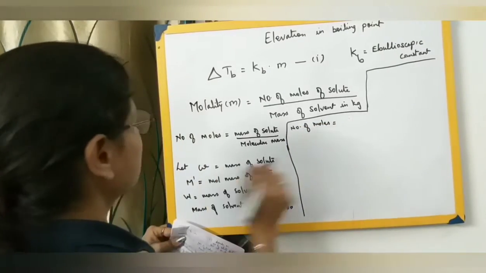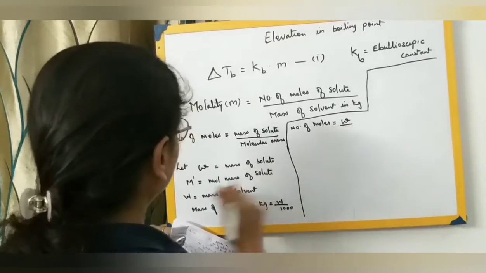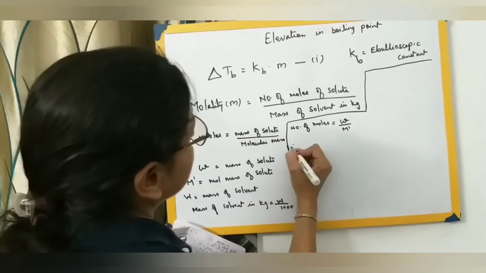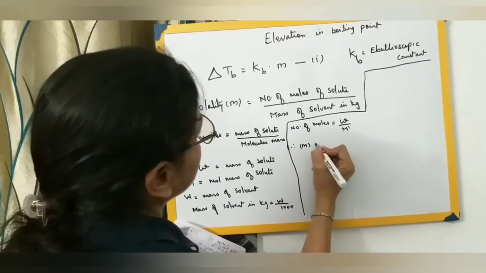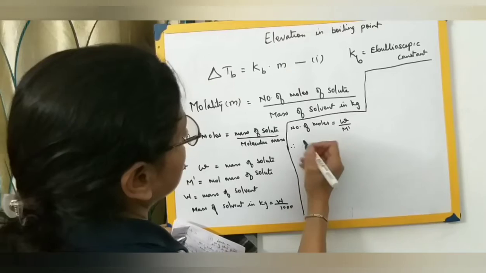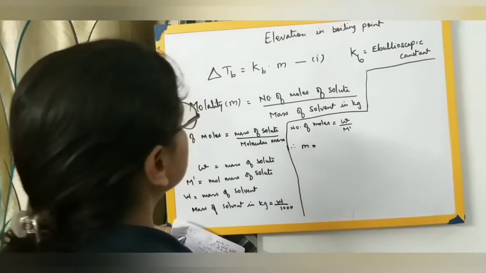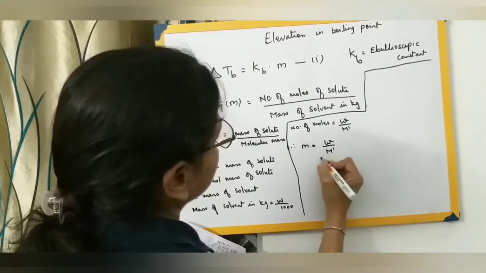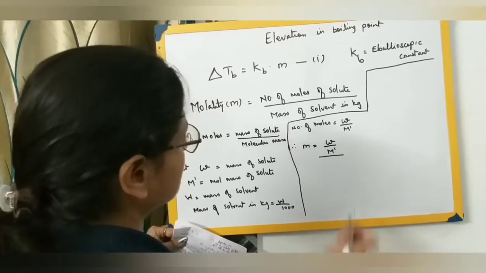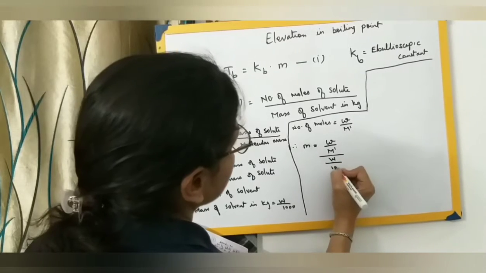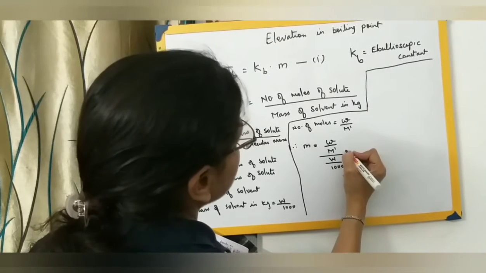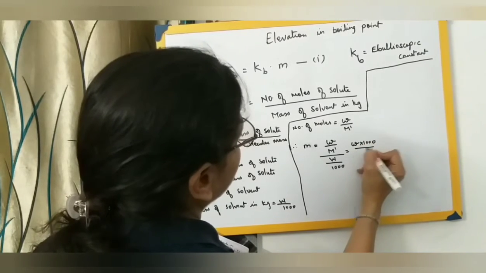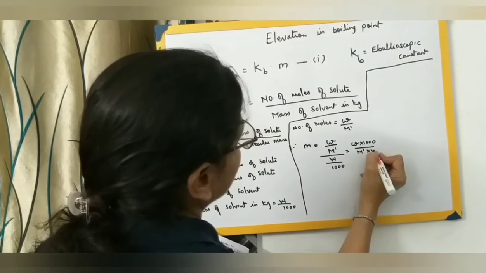Therefore molality m is equal to the number of moles, that is small w by M dash, upon the mass of solvent in kg, that is W by 1000. So we get this as w into 1000 upon M dash into W.